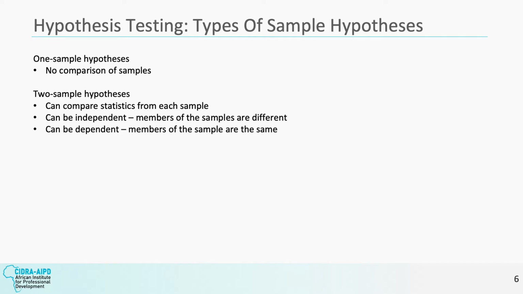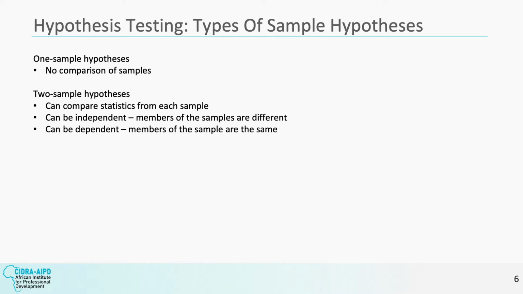Before we can get started with hypothesis testing, we first have to understand the nature of the statistical problem that we want to solve. When we have only one sample, we can't compare the statistics of multiple samples. Rather, we typically ask if the statistic from the sample that we do have is higher or lower than some other value.